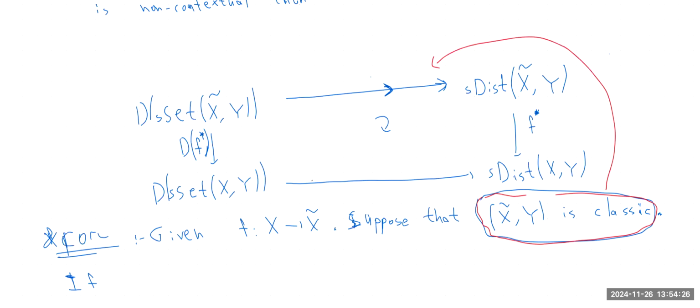If P in here is in the image of F star, then this P is non-contextual.